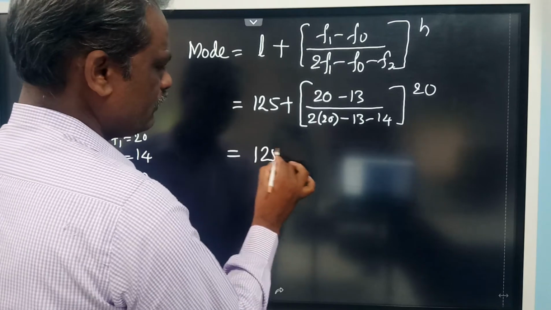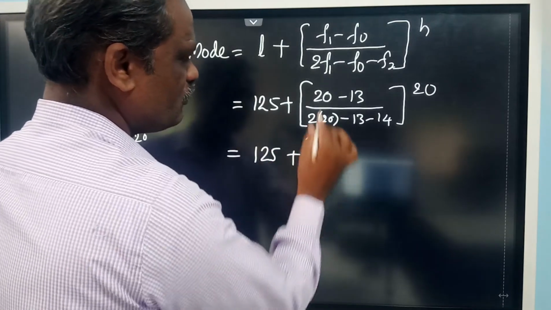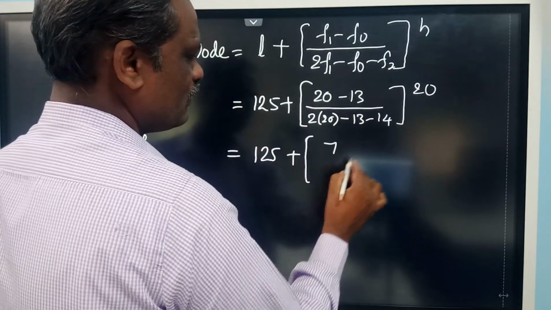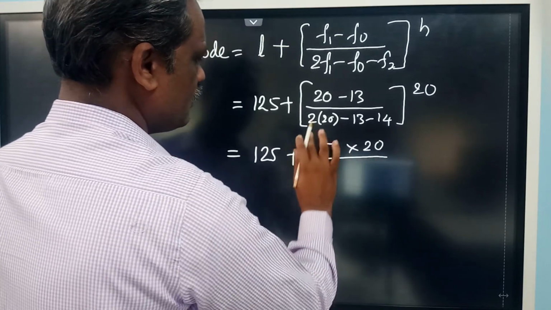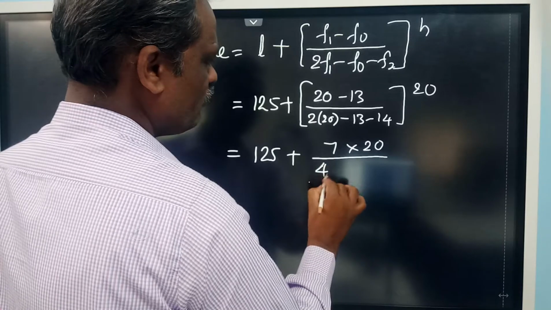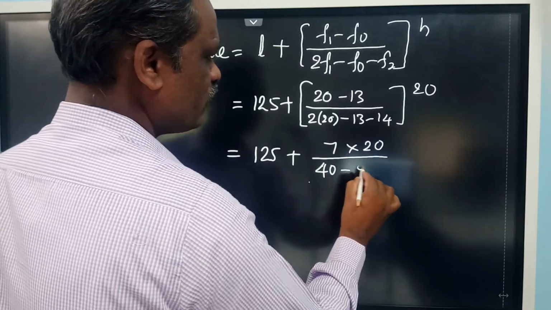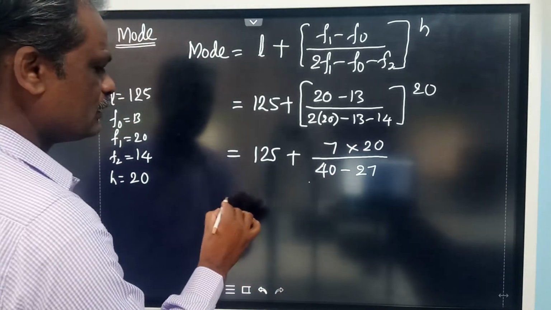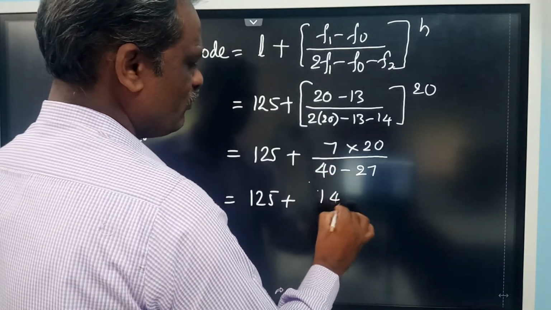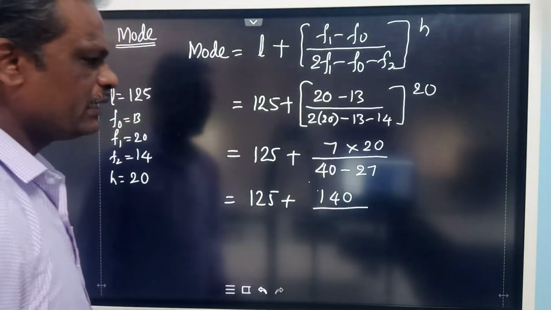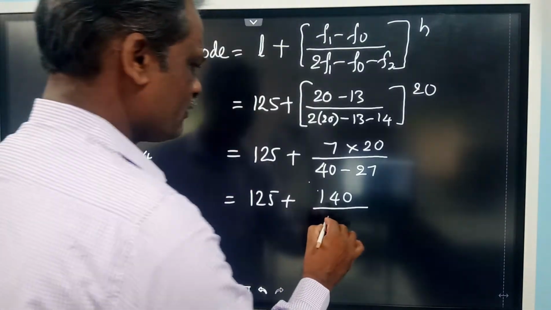So 125 plus 20 minus 13 it is 7, and this into 20 divided by 40 minus 27. So 7 into 20 is 140, divided by 40 minus 27, which is 13.